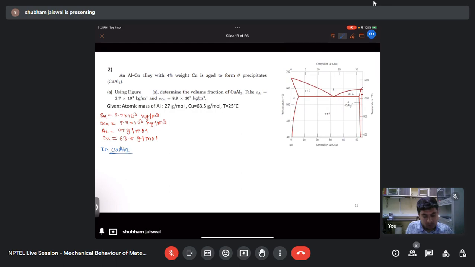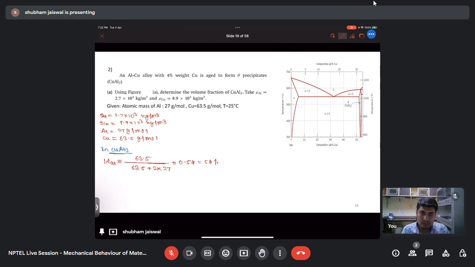Okay, so now first we'll find out the weight percentage of copper in CuAl2. The atomic mass of Cu is 63.5, divided by the total mass. How much is that? 63.5 for copper and 2 times the aluminum, that is 27. So we'll get somewhere around 0.54, or 54 percent.